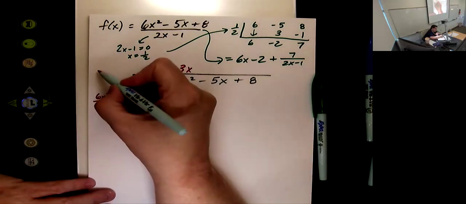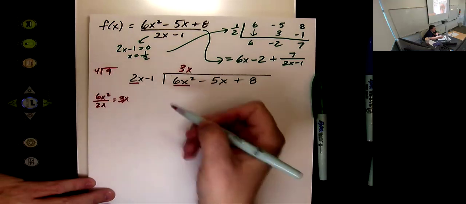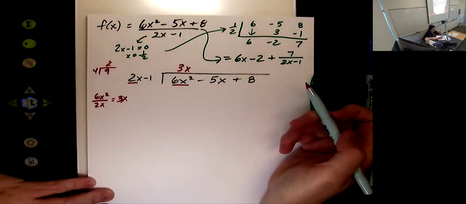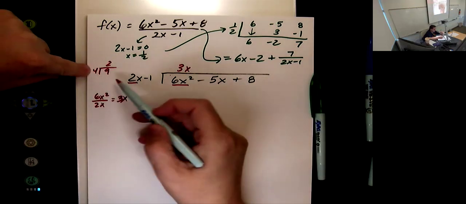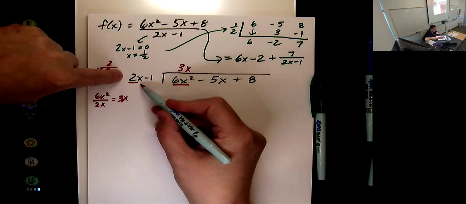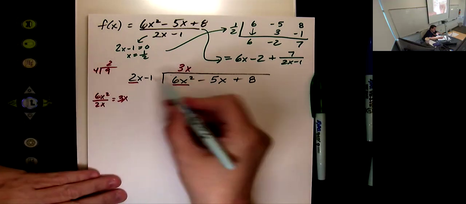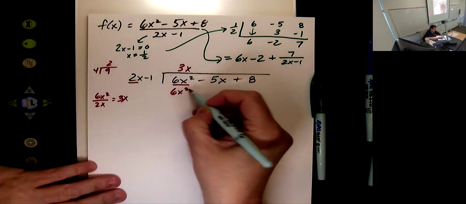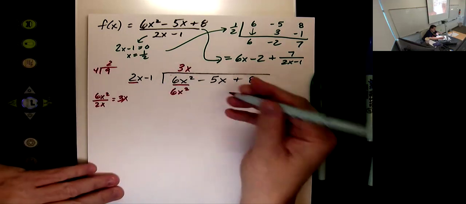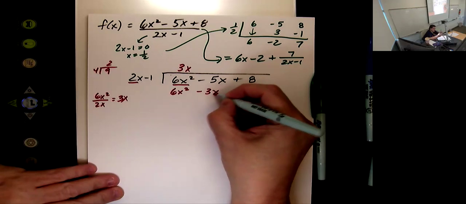Kind of like if I were dividing 4 into 9, I would say it goes in twice. And I take the 2, multiply it by the 4, I'm going to take the 3x, multiply it by this. 3x times this is 6x squared, that's how we got this. And then 3x times -1 is -3x.